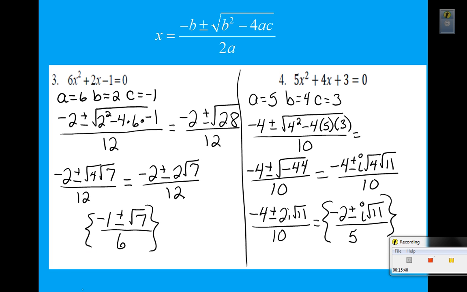Here's my number 3. The value of my discriminant in this case was 28. I don't know the square root of 28. So look at my answer. It had a radical in it. These are called 2 irrational solutions or roots. So if you know the square root of it, rational.